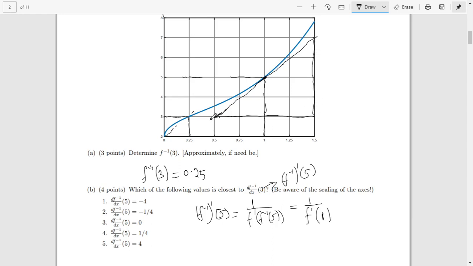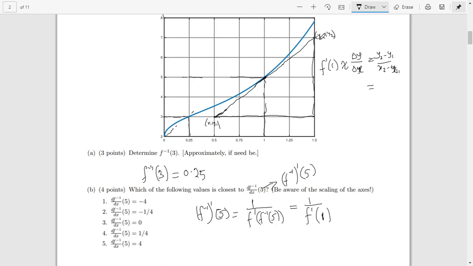So here I have my x1, y1, the coordinate of this point, and the coordinate of this point is x2, y2. So my f prime of 1 is approximately equal to the slope of this tangent line at 1. And that would be y2 minus y1 all over x2 minus x1.